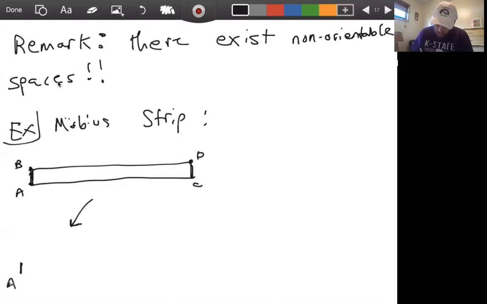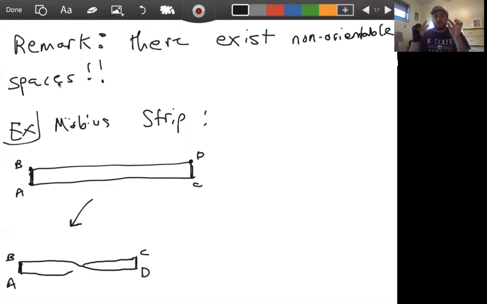So we'll keep this A, B end fixed, and then you twist the other end. So you have D, C. So you twisted your paper like this. And now, after you perform this twist, you wrap this around and tape it together. And so the side AB becomes taped to the side DC.